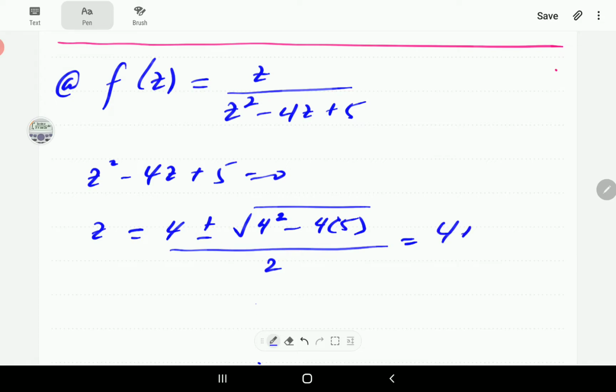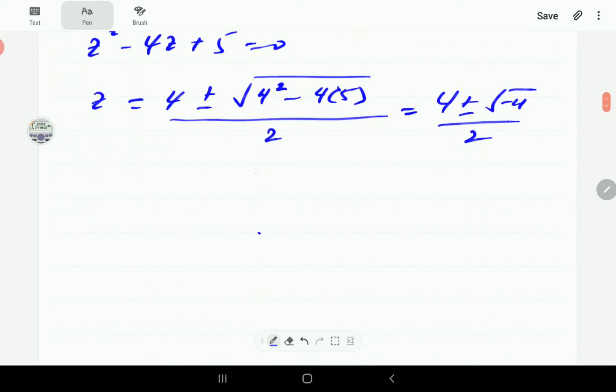So this is 4 plus or minus square root of negative 4, so 4 plus or minus 2i all over 2. So this is going to be 2 plus or minus i.